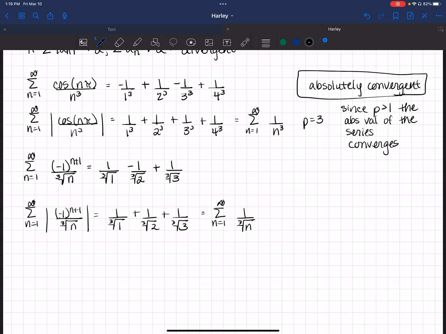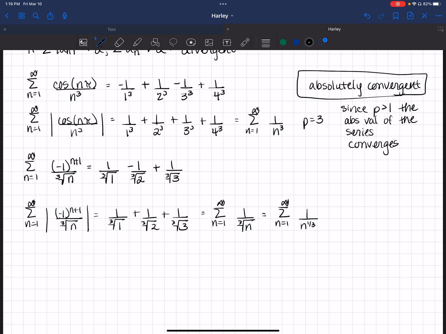Okay, that's fine. We can see what that is. This is a p-series. Let's change that radical back into an exponent. So this is really the summation of n equals 1 to infinity of 1 over n to the 1/3.